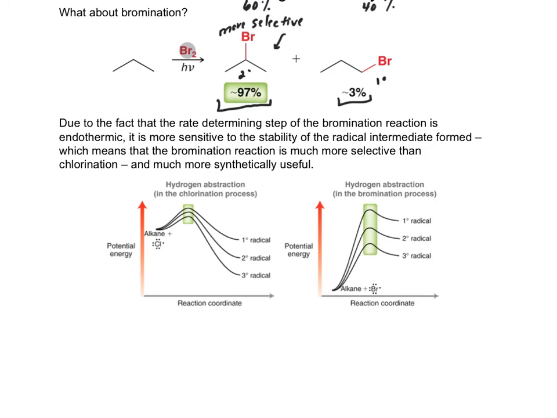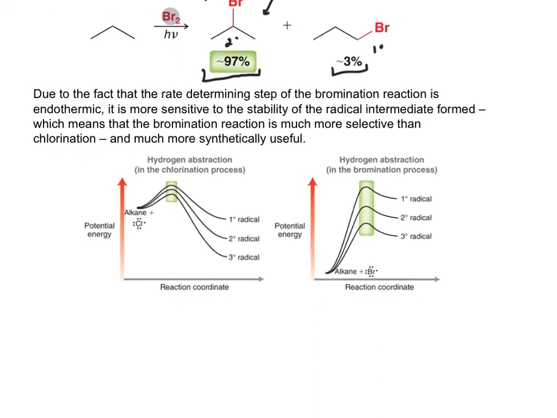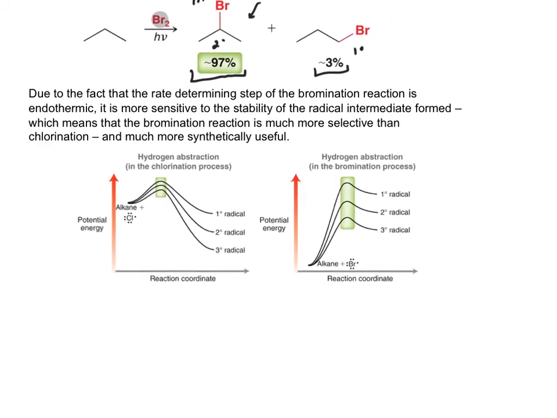And again, we can go back to the energy diagrams and this mechanistic pathway to help explain that, right? So remember, with respect to chlorination, that first step in taking the reactants to that radical intermediate was an exothermic process.